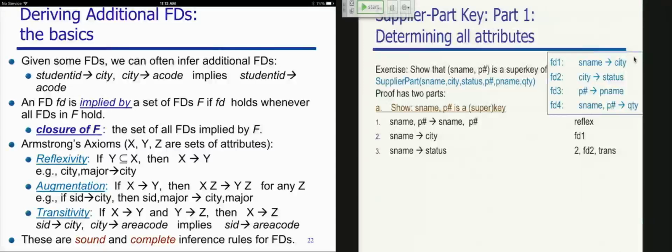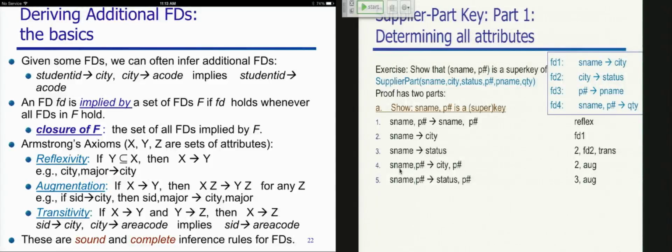S name gives you city. You have this from the first functional dependency. You can take this, S name gives you city, and the second functional dependency, city gives you status. And with the two of them, with transitivity, you can prove that S name gives you status. Okay?